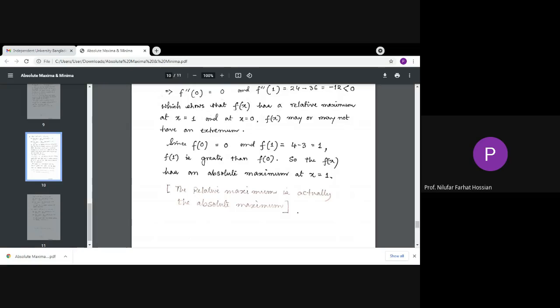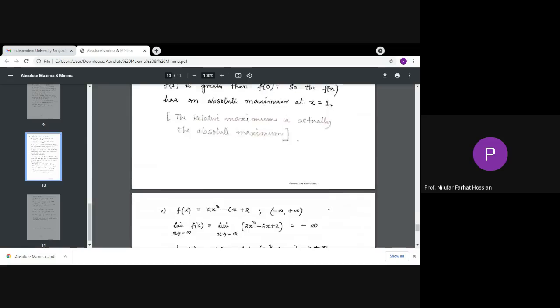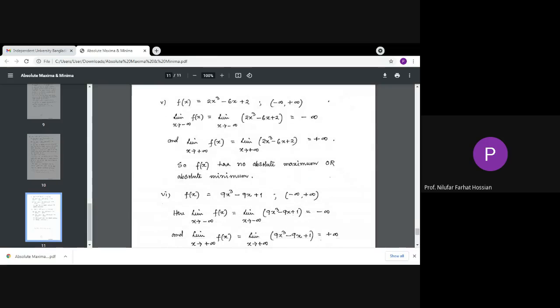Here, the relative maximum, when you are considering a local interval, actually gives you the absolute maximum for the function in the interval minus infinity up to plus infinity. You see, for this function, the interval was minus infinity to plus infinity.